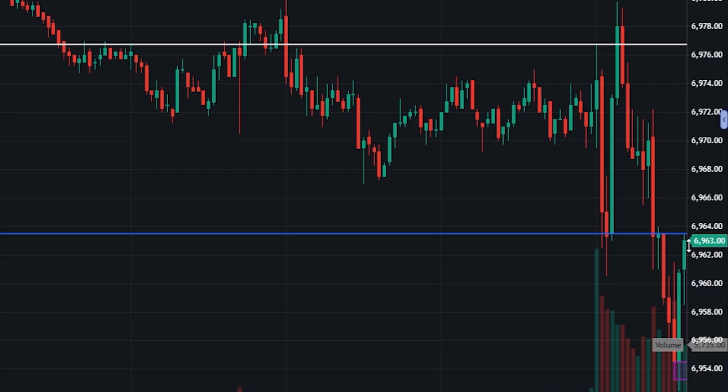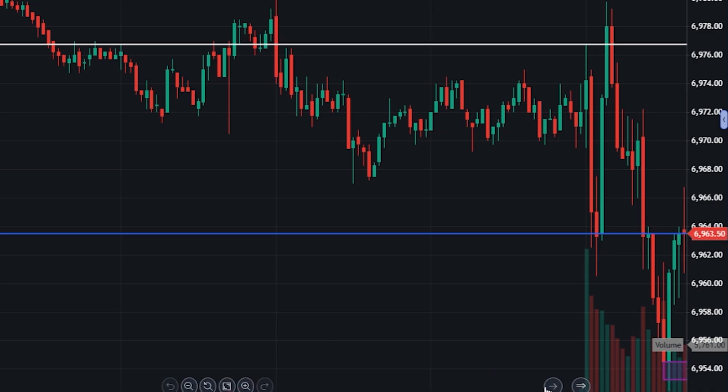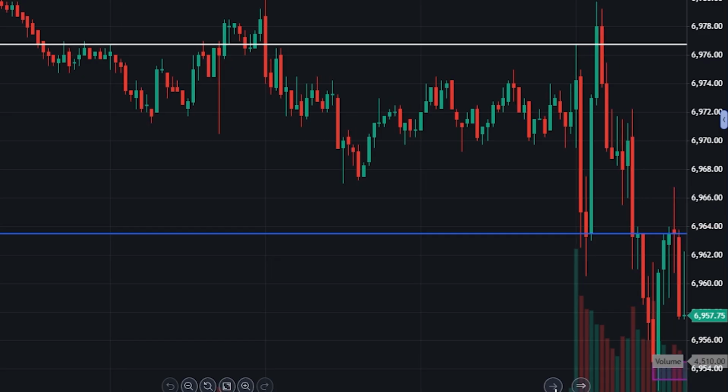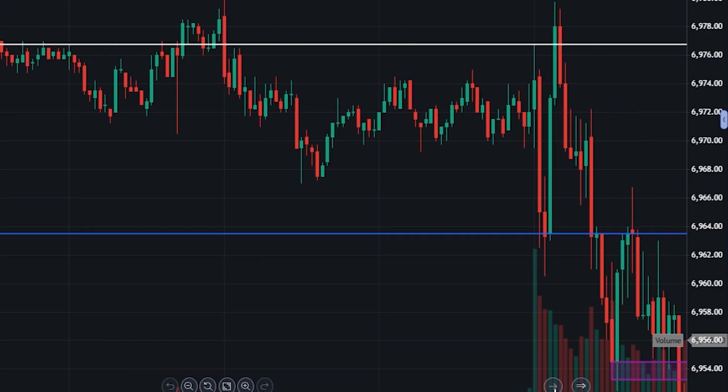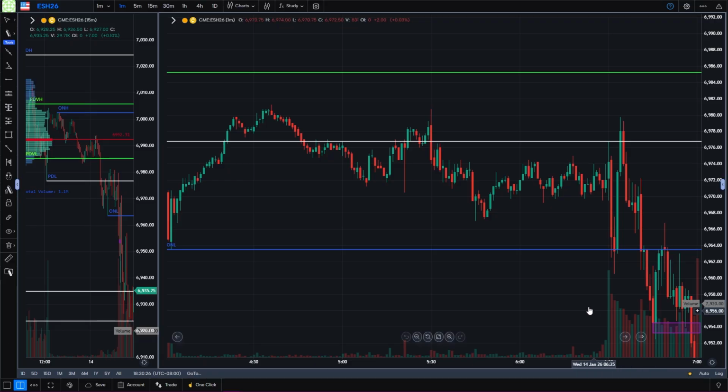So this might be a situation where you say, hey, I'm going to place a limit sell at 69.64 with a stop above this previous high at 69.73, let's say. And my target is taking out this low here. So going bar by bar, you would have gotten filled, not stopped yet. Market moved down, consolidated, and then moved lower.